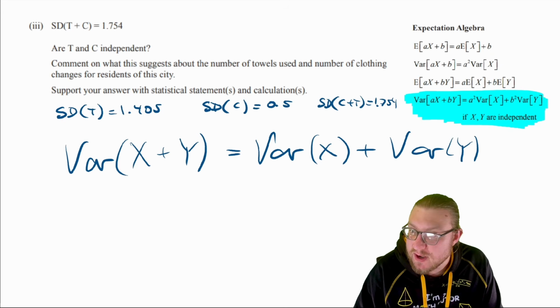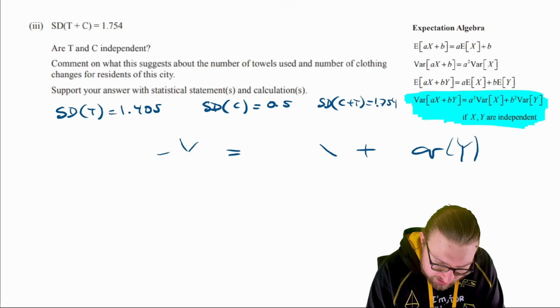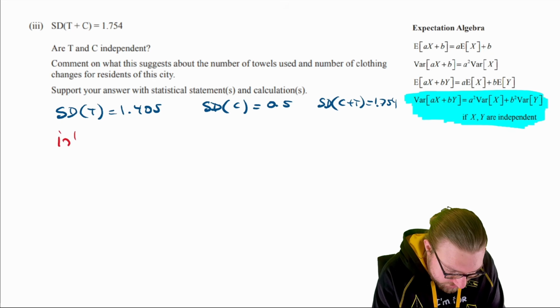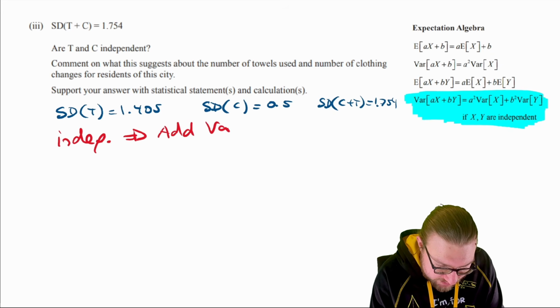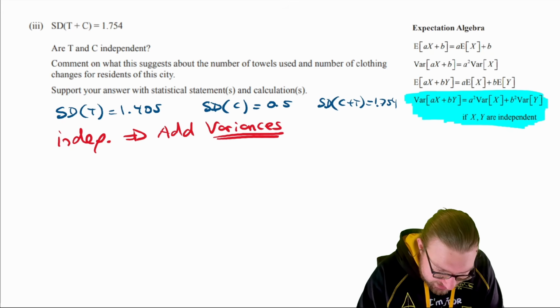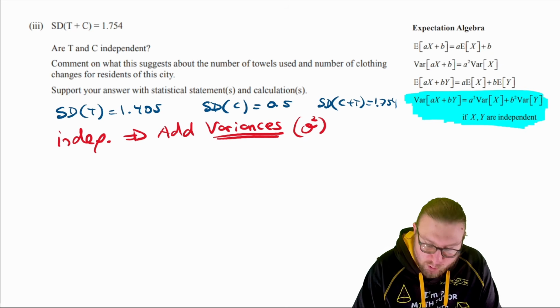If this is too much, just remember the meaning of this. If two random variables are independent, that means we can add the variances. And I want to be very clear, it's the variances, which are the standard deviations squared.